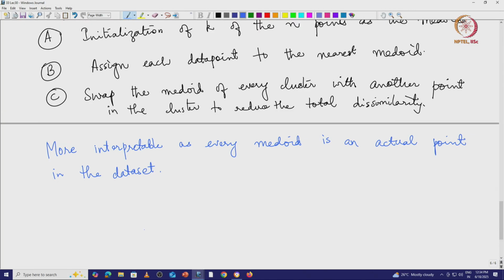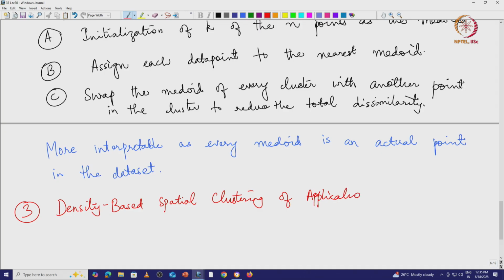All right. So, the next clustering algorithm that I want to discuss, and that will be the last algorithm that we discuss in this course, is called density based spatial clustering of applications with noise.